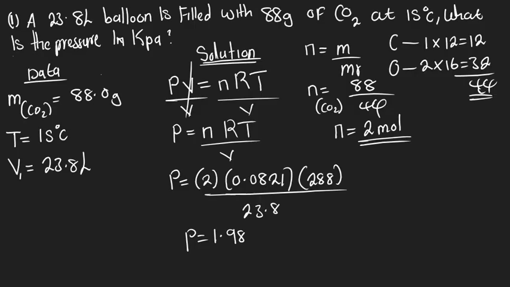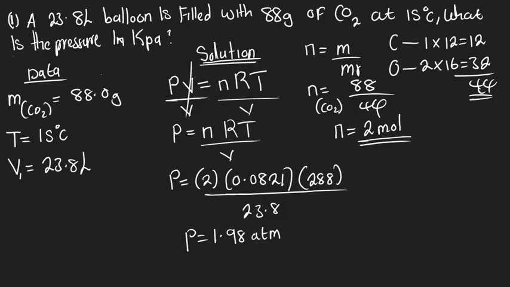So now you need to use a conversion. This pressure found here is going to be in atmospheres. Have you seen how tricky this thing is? Why? Because the constant you used had its pressure in atmospheres.